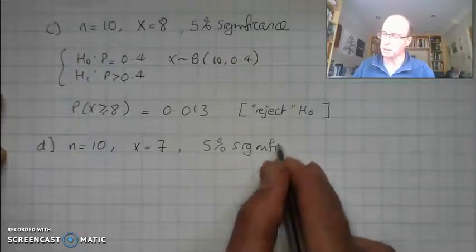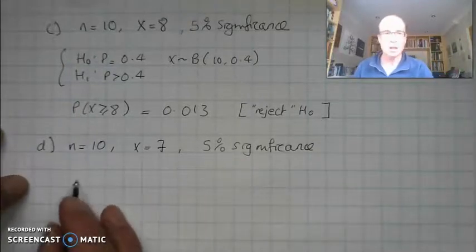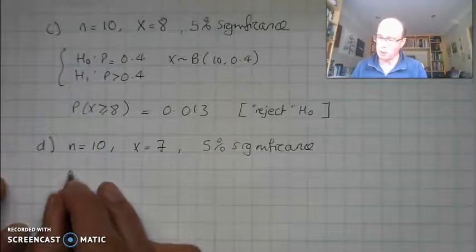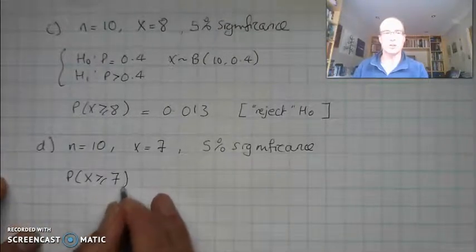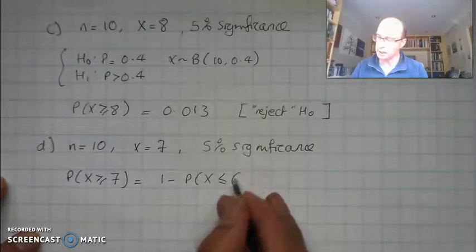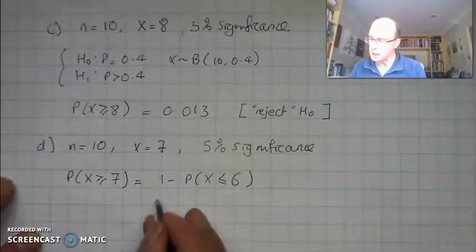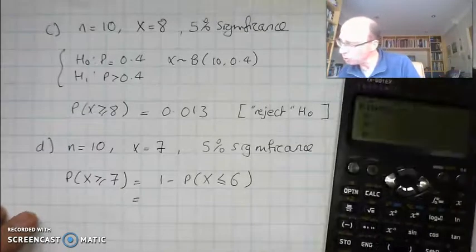I want to repeat my hypothesis test. So I want to work out the probability of x greater than or equal to 7. Well, that's equal to 1 minus the probability that x is less than or equal to 6. And I can put that into my calculator. I think I've got those already set up.